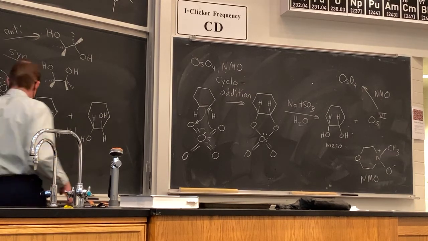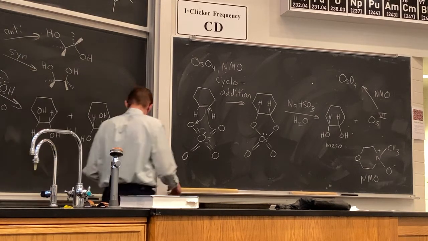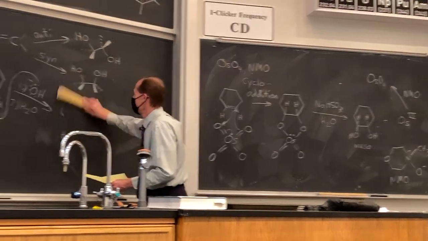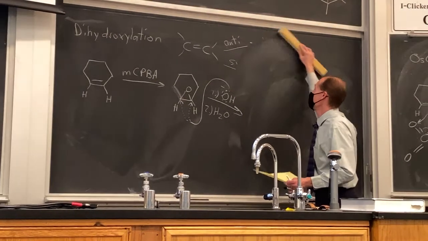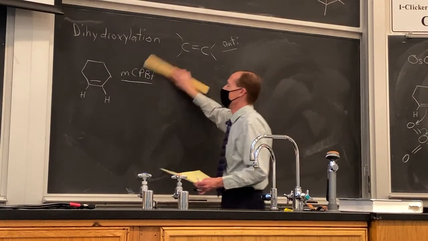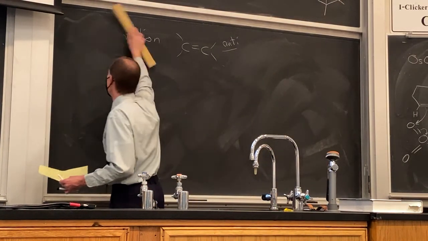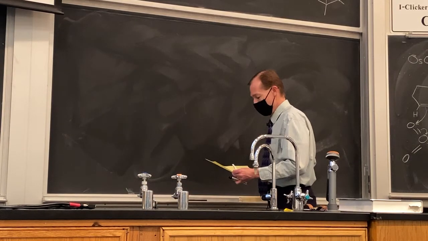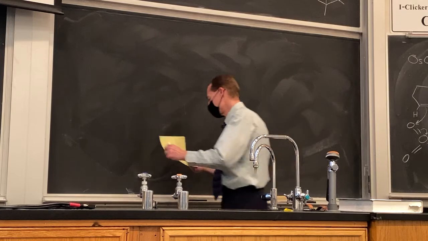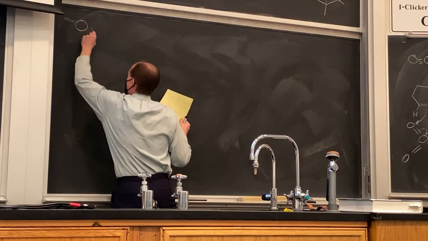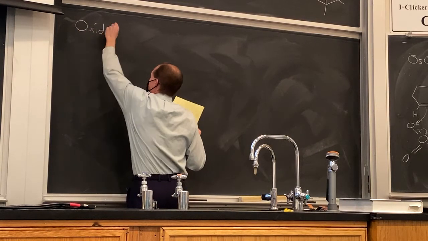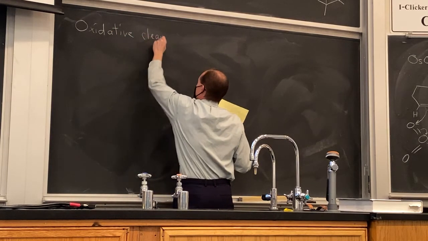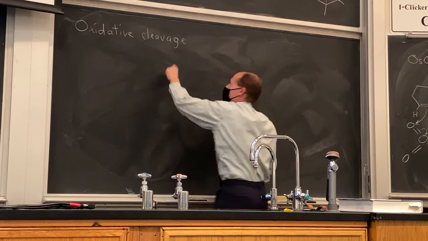Okay, so our next oxidation reaction is different from the others we've talked about because we're going to be cleaving both the pi bond and the sigma bond of our alkene. So this is referred to as oxidative cleavage because we're breaking our alkene into 2 pieces.